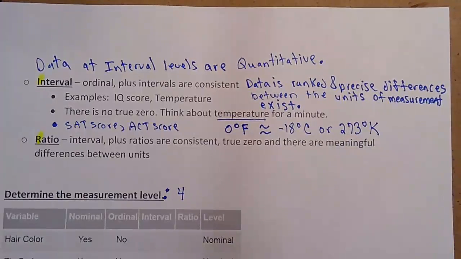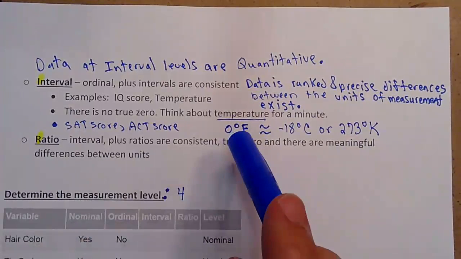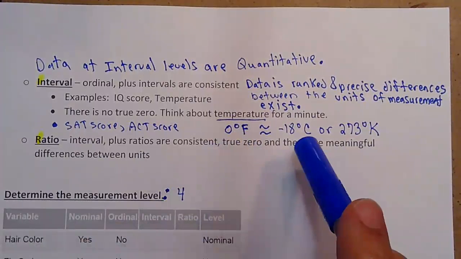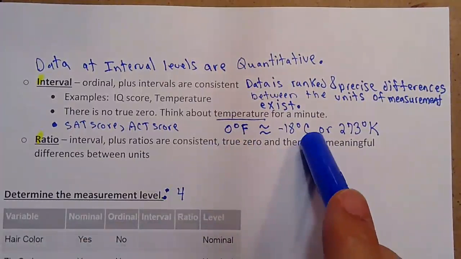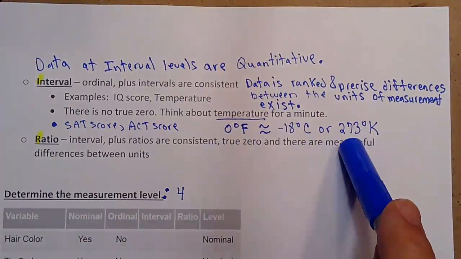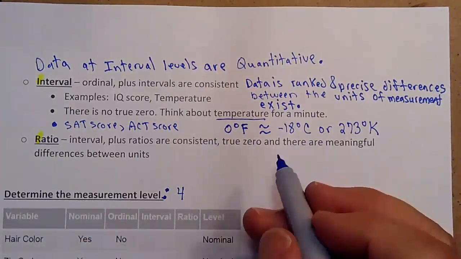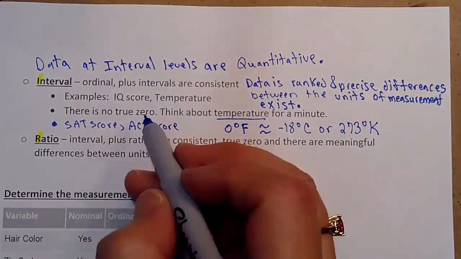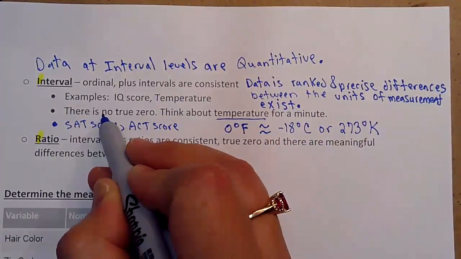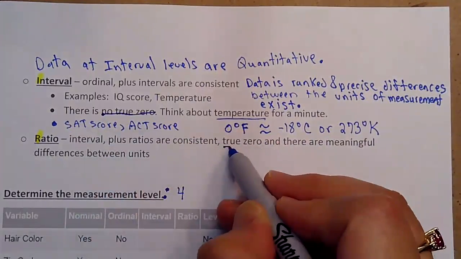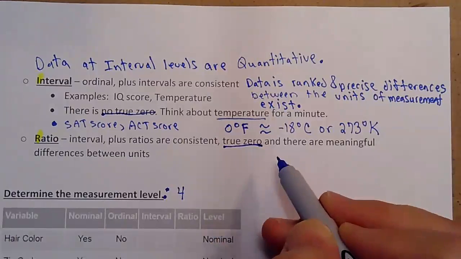Okay, so that's what they mean by it's not a true zero. When you say zero in temperature, it doesn't really mean zero. It means either measurement in Celsius or Kelvin. So interval says no true zero exists. Ratio says that a true zero exists.